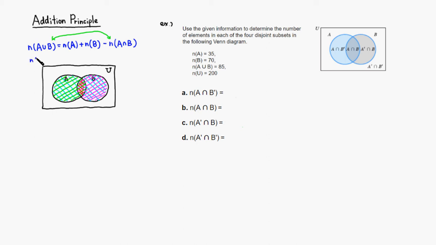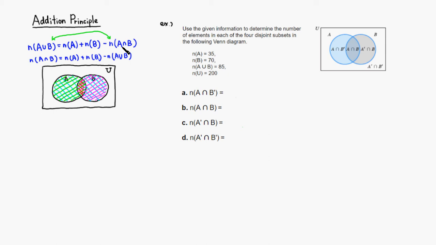If you're looking for the number of elements in A intersect B, then it is equal to the number of elements in A plus the number of elements in B minus the number of elements in A union B. So we just tweak the equation a little bit, and we have an equation for the number of elements in the intersection.